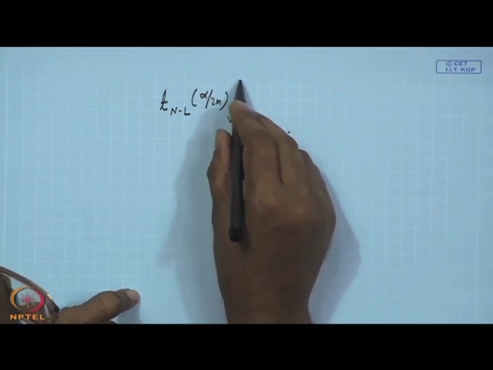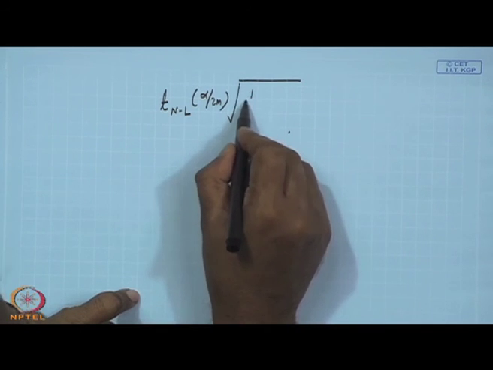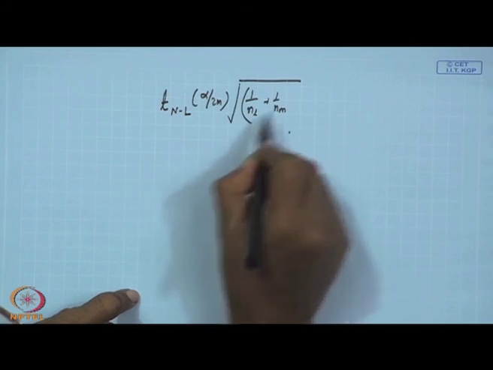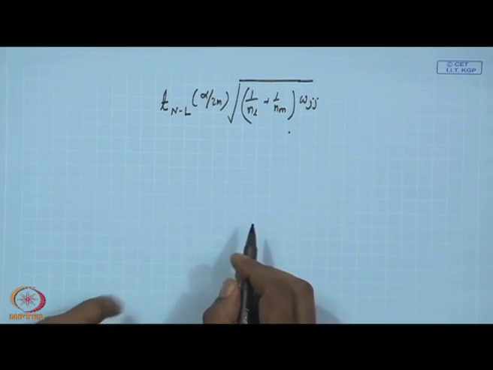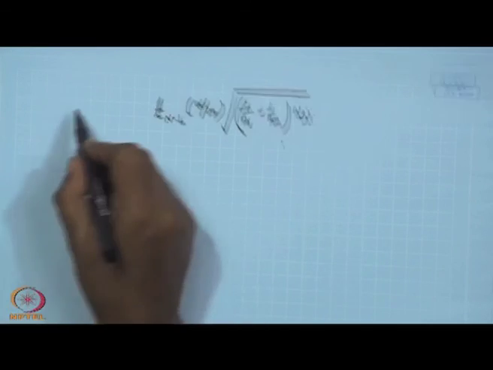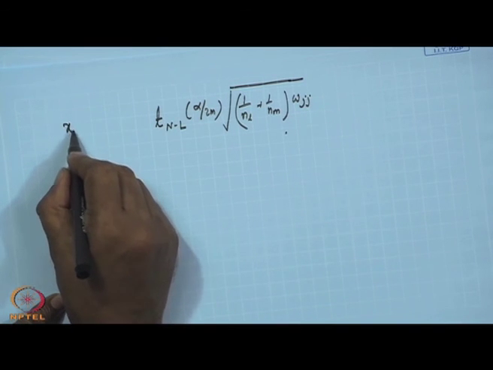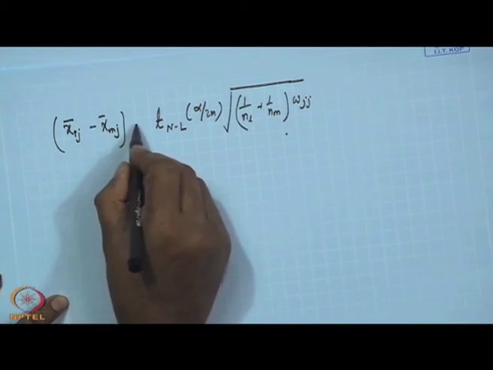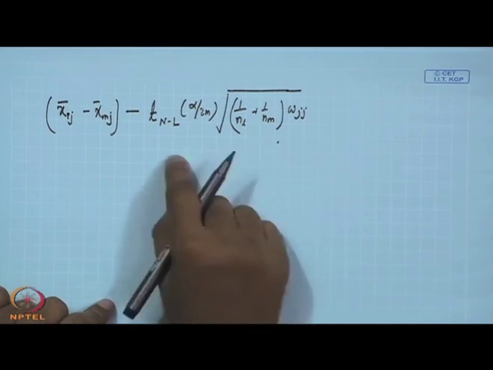And you also multiply this with the variability component. What is this variability component? 1 by nL plus 1 by nm into Wjj. This will be subtracted from and added to x bar Lj minus x bar mj, in the same manner as we have done earlier.